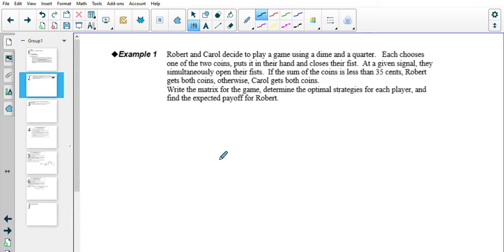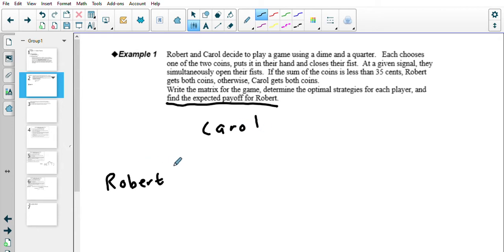Okay, so we've got a pretty simple game. Just a coin picking game with two players. And since it says find the expected payoff for Robert, we're going to consider the values of the outcomes of the game from Robert's perspective. So the way that we're going to model this is with a matrix. So we're going to have Robert be represented with the rows, and Carol will be our columns player.